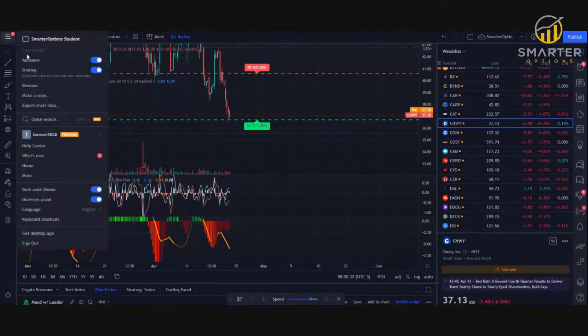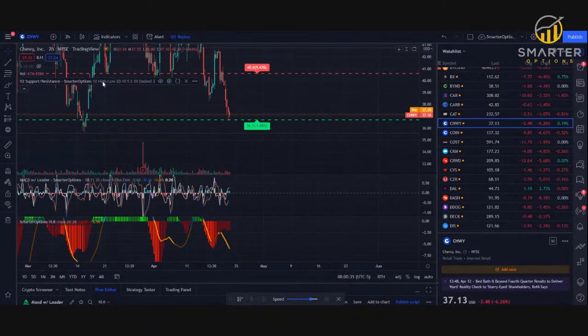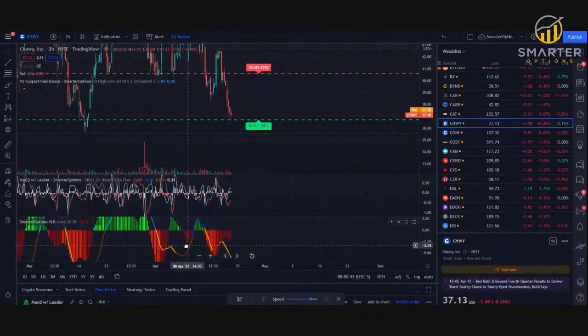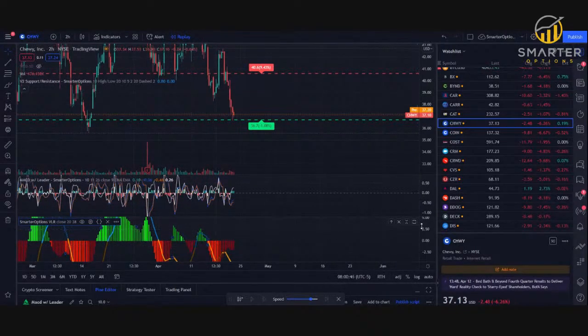You'll go up here and hit Save Layout, and then it will become your layout, and you'll have these indicators. Yes, I did include these. These are indicators I've worked on and created for you guys, so please feel free to use them for your trading.